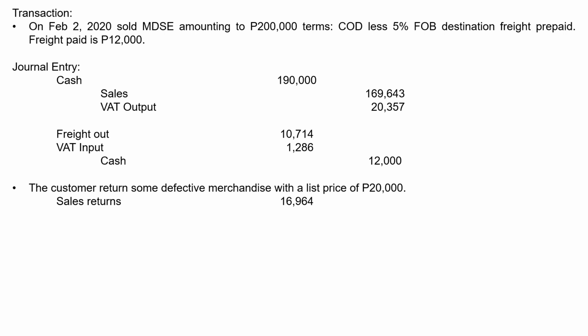So we will credit the cash of 19,000 on the credit side, and then divide it by 1.12 to get the 16,964 of sales returns, and deduct from 19,000. So you get the 2,036 pesos, which is the VAT output. That means the 19,000 should be split into the value of the sales returns and the VAT output.